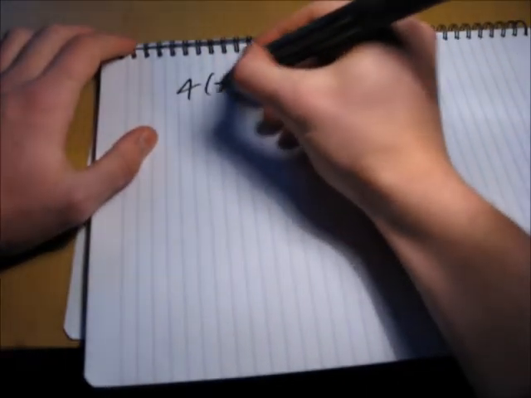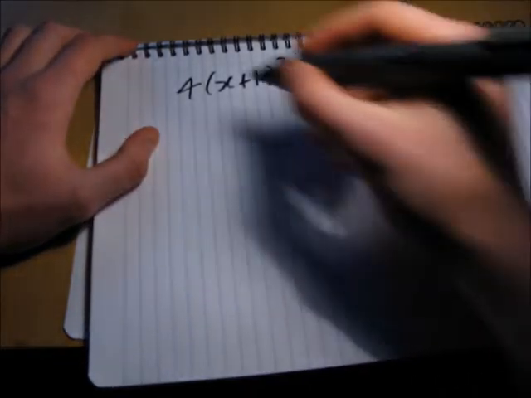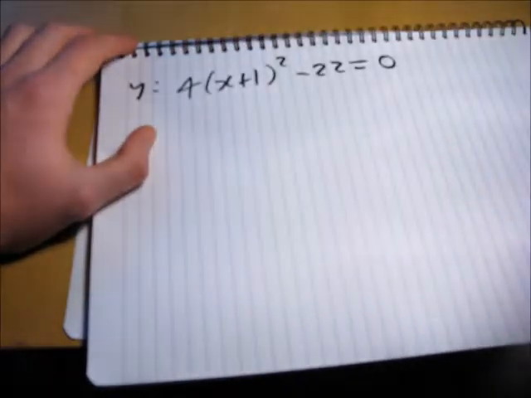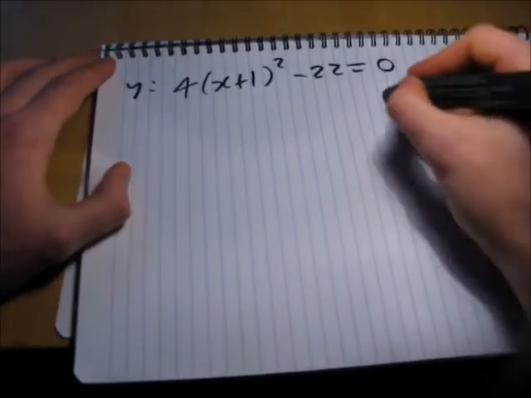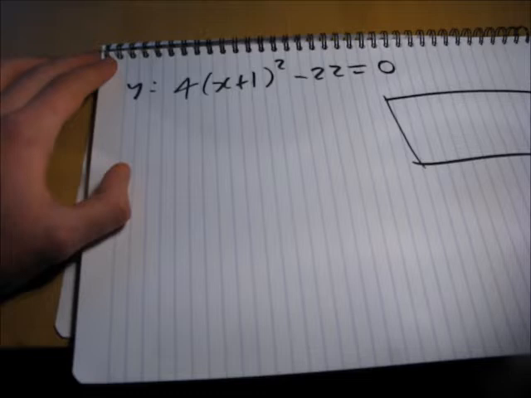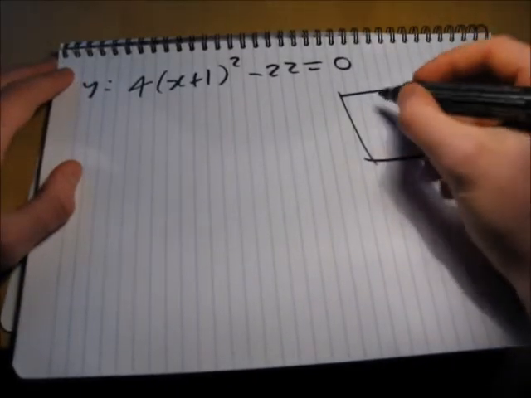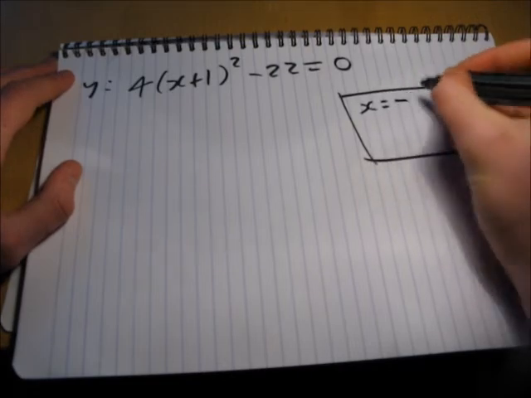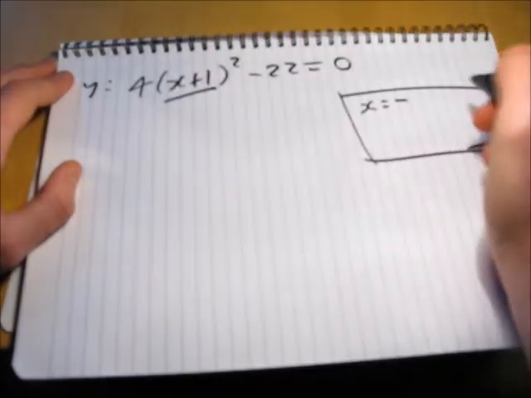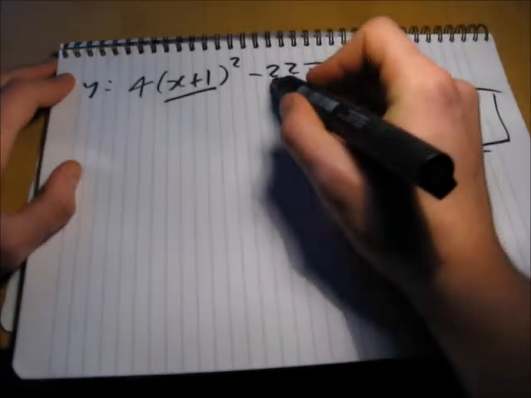So that was, what was that? 4(x plus 1) squared minus 22 equals 0. Very important. You can say y equals. Okay, so now to find the minimum point, this is very important. I'm going to put it in a box, a rectangle, an oblong more specifically, and you want to find the x value is the negative of this, okay, of your x value, and the y is equal to the y value, to your minus 22.